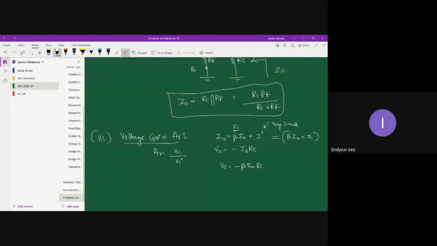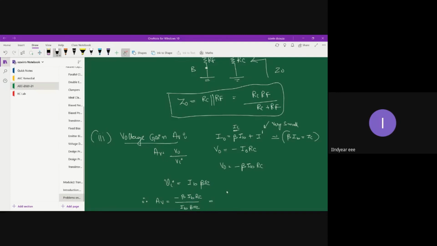Then you have Vi. What is Vi? You can write it as IB into beta RE. Therefore, your voltage gain AV is equal to the output voltage, which is minus beta IB into RC, divided by the input voltage, that is IB into beta RE.